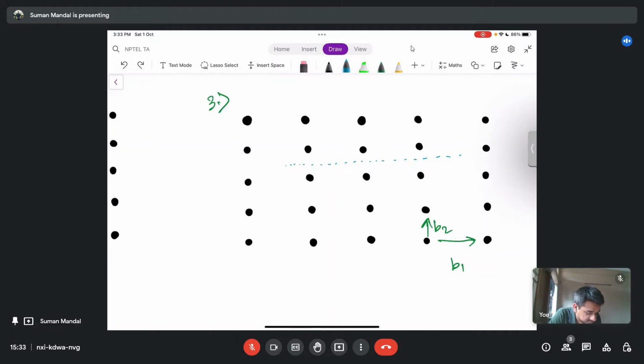So on top of this will be the line, on bottom this will be the line, on left this, on right this. So we can now connect the boundaries. So the third step, you draw the Wigner-Seitz cell or the Bragg planes, and then you have an enclosed boundary, which is the Brillouin zone.